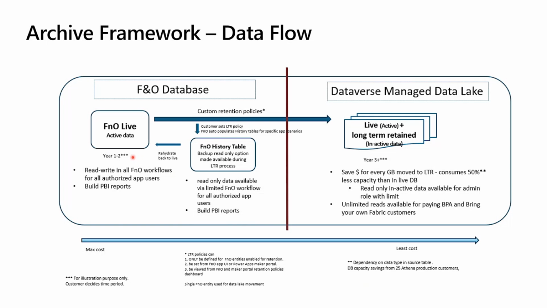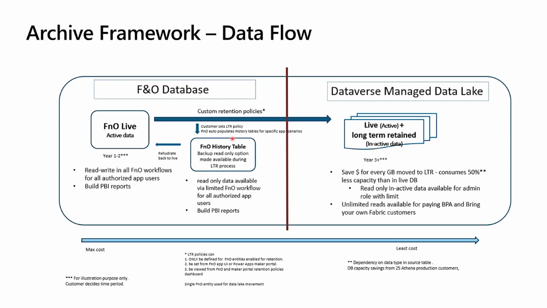When you define the archiving solution, what we do as part of that archiving is sync all 5 years worth of the data from the F&O AX database to the Microsoft Dataverse managed lake. Then, as part of that process, we move the 3 years worth of data that you wanted to archive from the F&O live table to a table within the F&O database or AXDB, which is called the F&O history table.